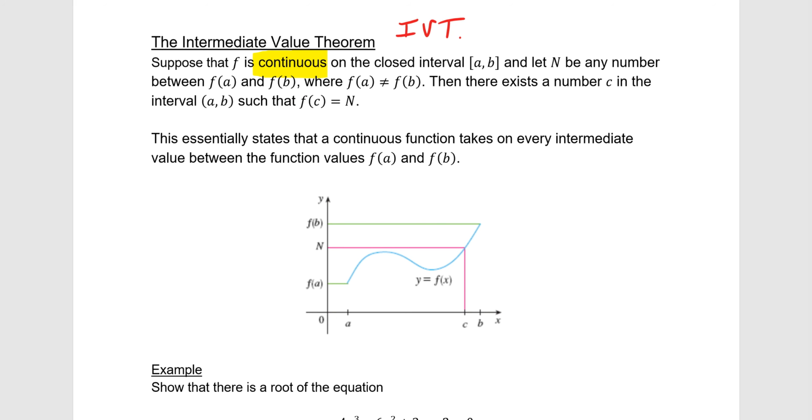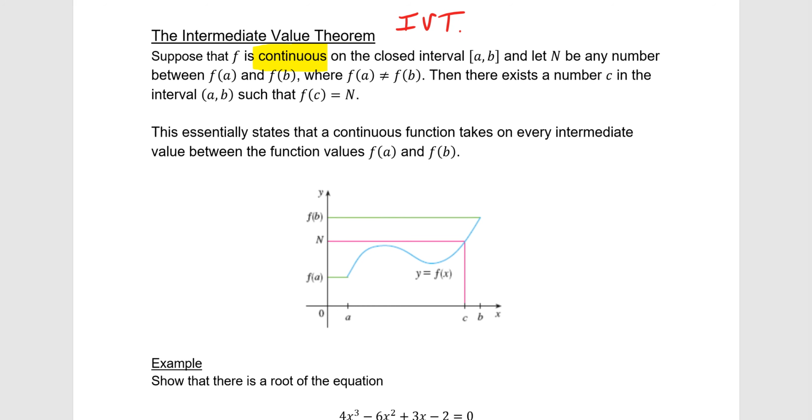So let's take a look at the graph. It makes a lot more sense than what it probably sounds like. So here is the curve, just this blue curve right here. And we have some y value f of a here. We have some y value f of b up here. Then that means there's some value that we're going to call capital N between f of a and f of b.